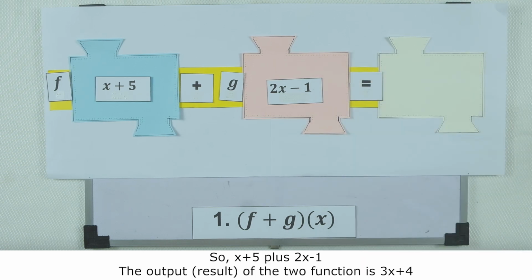So, we have x plus 5 plus 2x minus 1. The output or the result of the two functions is 3x plus 4.